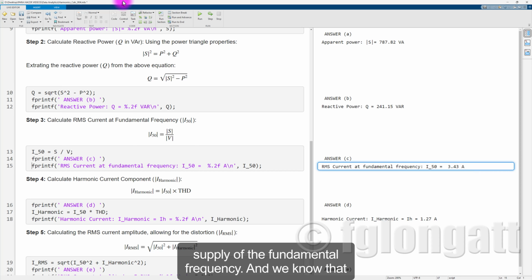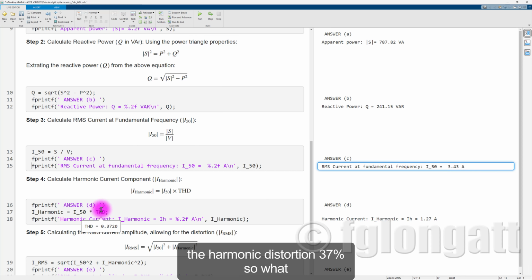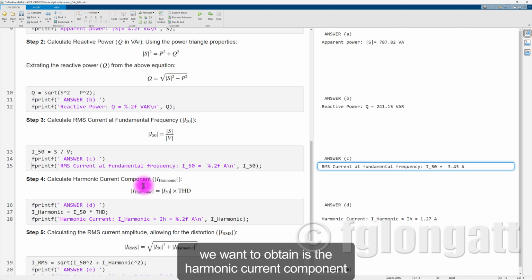Next step, we know that the current coming from the supply has harmonic distortion, and we know that that harmonic distortion is 37.2%. So what we want to obtain is the harmonic current component, and that can be obtained by multiplying the THD, the total harmonic distortion, by the RMS current at fundamental frequency.